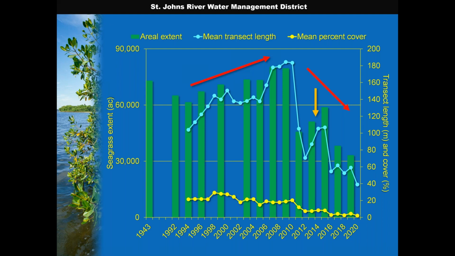The cover was hovering around 20%, and then it started to drop below 20%. Some of the analyses we've done now say that below that 20% average, the rapidity with which seagrasses decrease in cover increases. So that 20% is a kind of threshold, and below that, for every month of bad light, you tend to lose more seagrass.